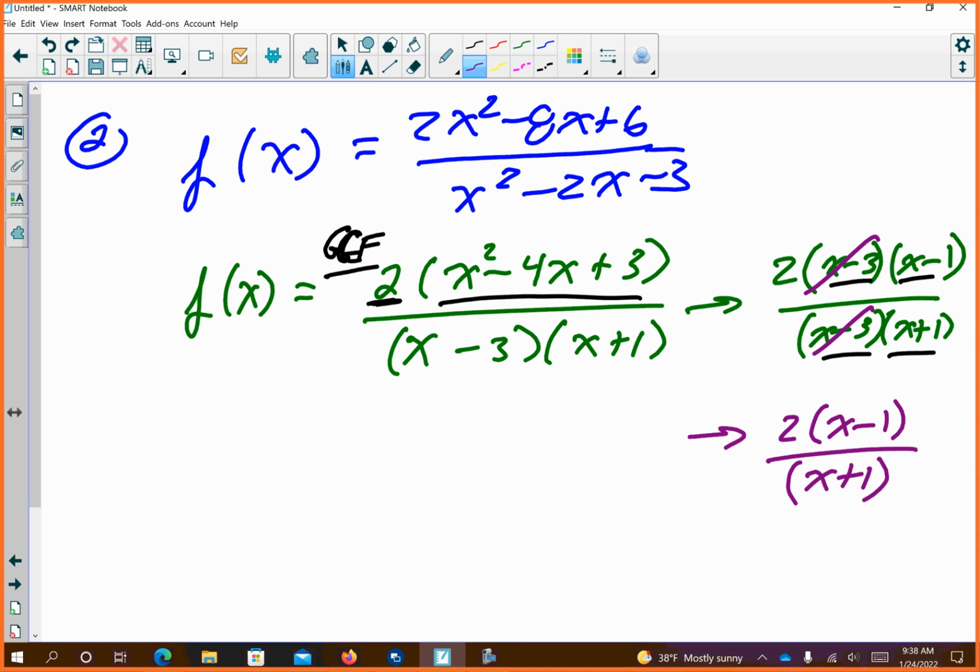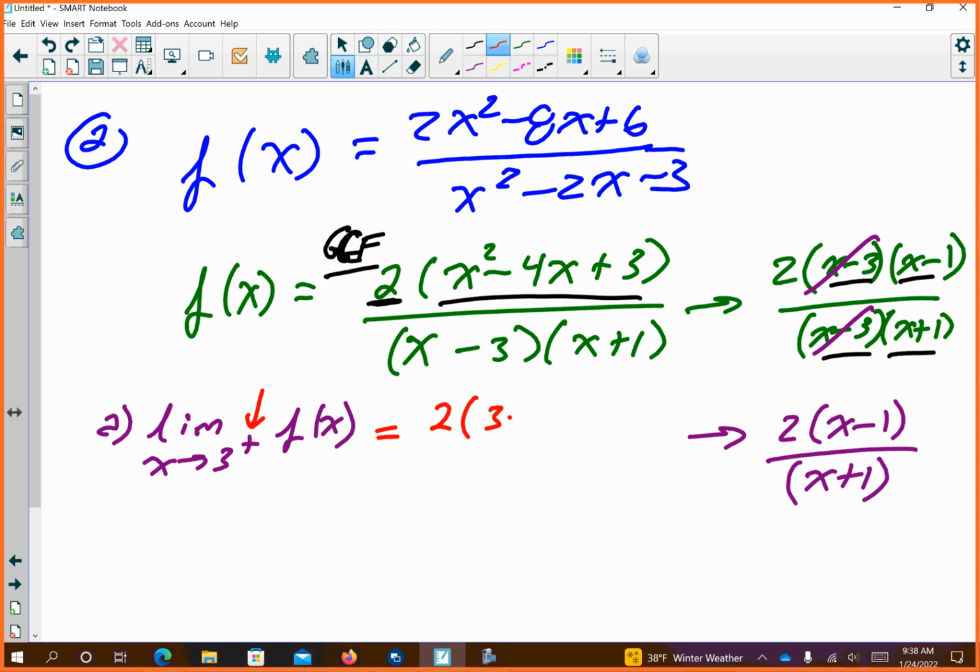So if I wanted to do letter A, the limit as x approaches 3 from the positive side of f at x, right now it doesn't really matter because I'm not looking at a graph about the positive. What's nice about this is I can just do a direct substitution with the 3 and plug it in.